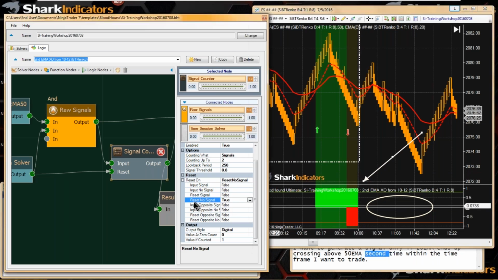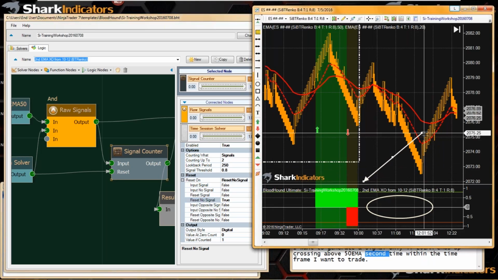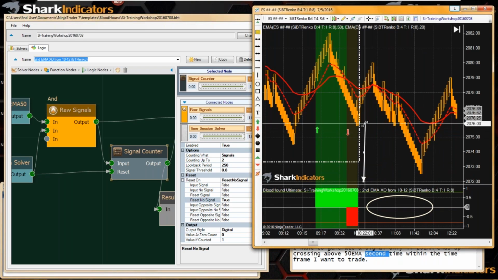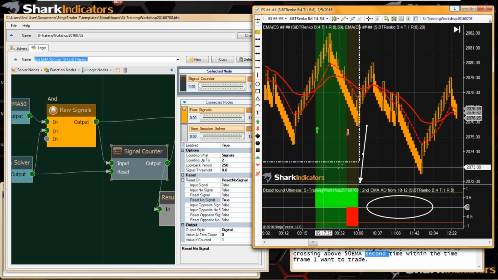And it's reset because we're using the reset no signal. So the reset is the reset connector point, and what we're looking for is no signal. So let's pay attention. I'm going to change my little arrow right there.